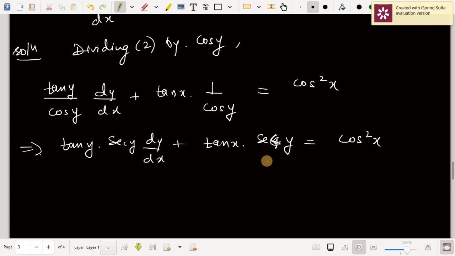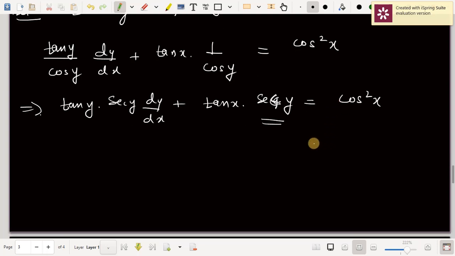If I substitute the value of z to be equal to sec y, its derivative is nothing but sec y tan y into dy by dx, that is exactly appearing over here. And so everything will get converted into dz by dx plus tan of x into z is equal to cos square of x, which is ultimately a linear equation, and then we can solve it using the working rule for the linear equation.